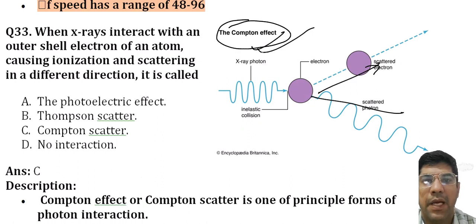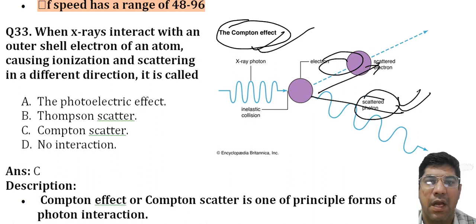So the Compton scatter occurs when the photon interacts with a free electron or loosely bound valence shell electron. The energy is transferred to the electron and the photon is scattered in a different direction. In the photoelectric effect, the interaction occurs with the bound electrons, whereas here it is interaction with the free electrons.